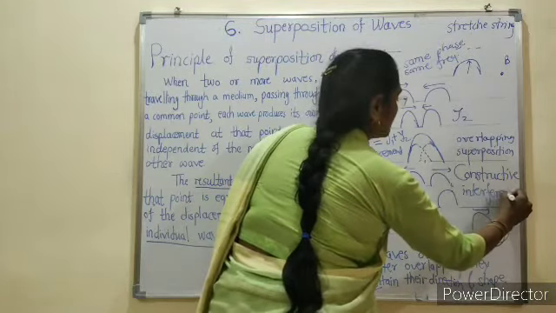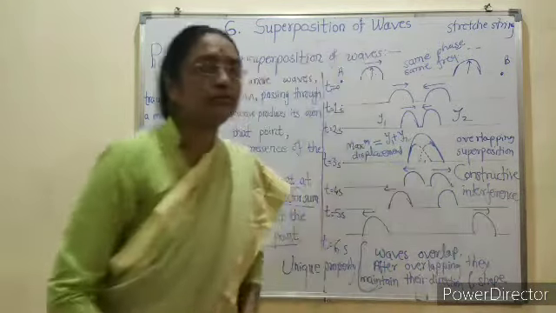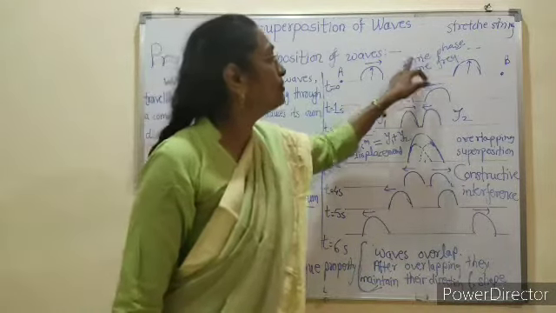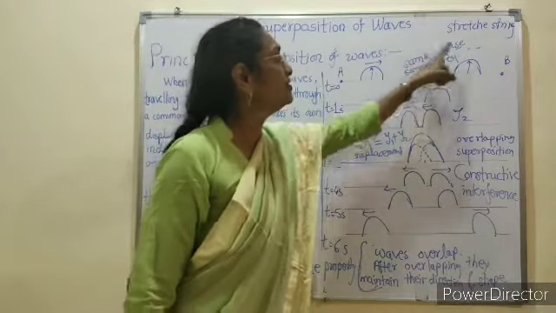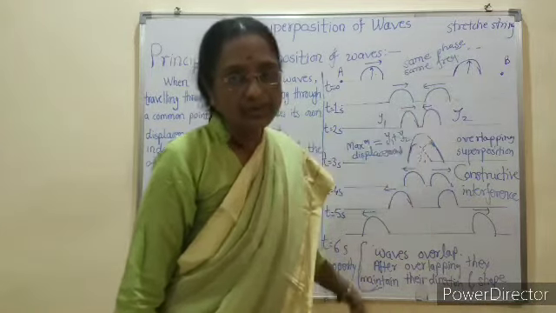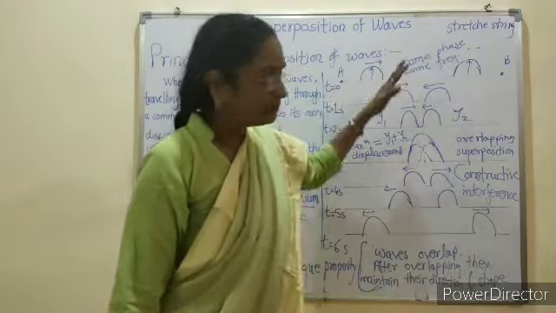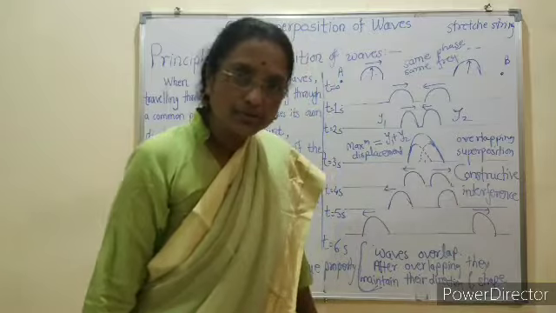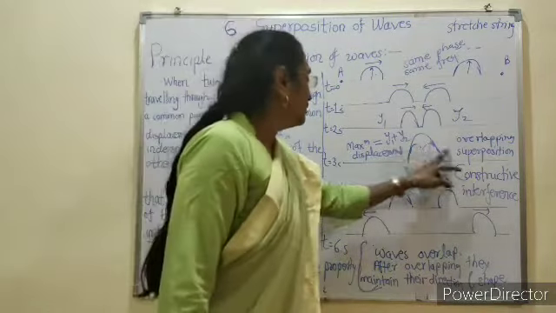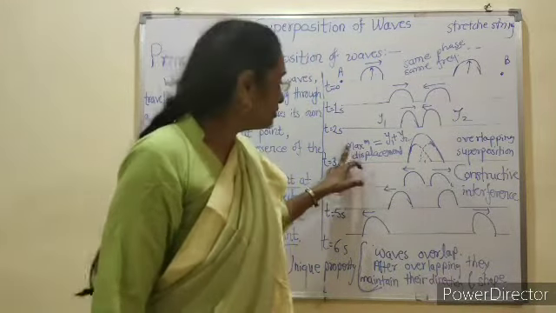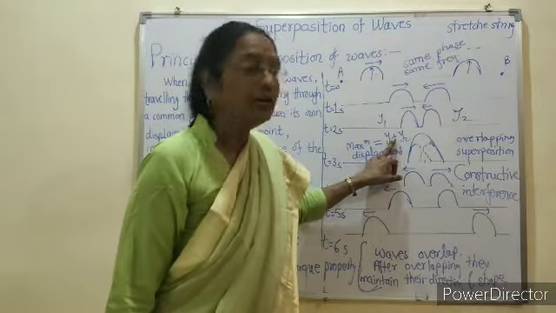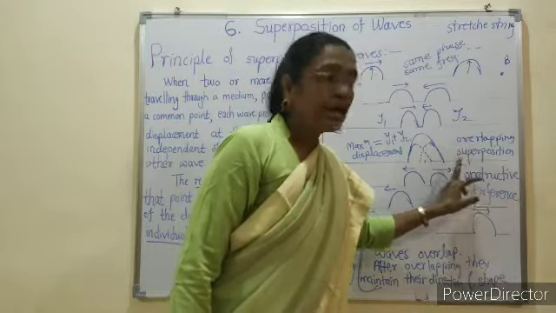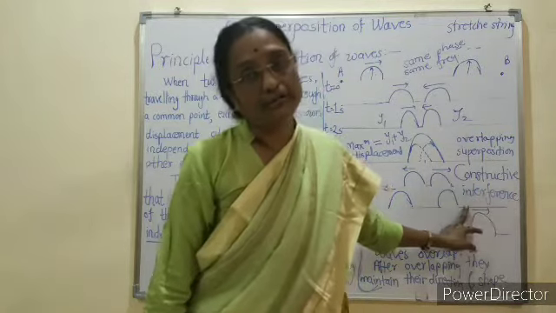So mathematically we have to add in the description that when two waves arrive at a point in the same phase with the same frequency along the same path, then there is superposition of waves and the resultant displacement is maximum, and that effect is called constructive interference.